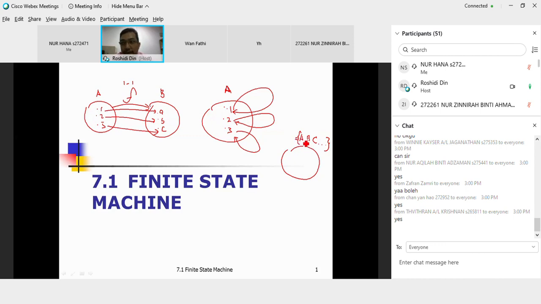The group of sets we call input. It means this set is the input from here to here. There are two situations, from and to. So this is the input, and this one is the output.